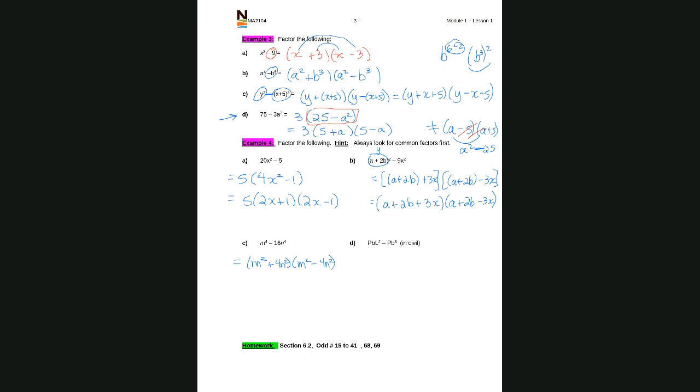Now if you notice, the second bracket is also a difference of squares, not the first one, because the sum of squares is a prime term. So we have to completely factor to 3 brackets.